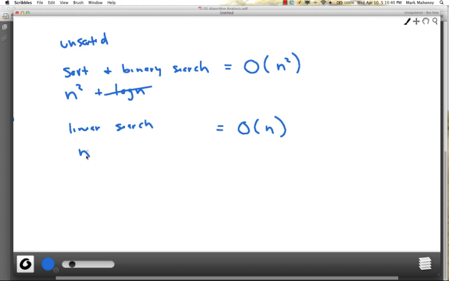Remember, with linear search, you just start at the beginning and you search until you either find it or you get to the end. So clearly, if we have an unsorted list and we want to search through it, we should not sort it first, because sorting is the dominant part of the algorithm. It takes up the most amount of work, whereas a linear search is just a big O of n. So that would be the preferred thing to do.